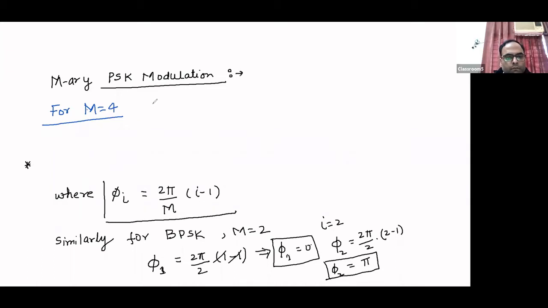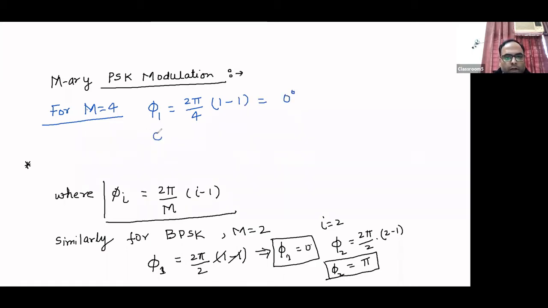So phi 1 can be 2 pi by 4, since M is equal to 4, into (i minus 1), so 1 minus 1, which is 0 degrees, right?